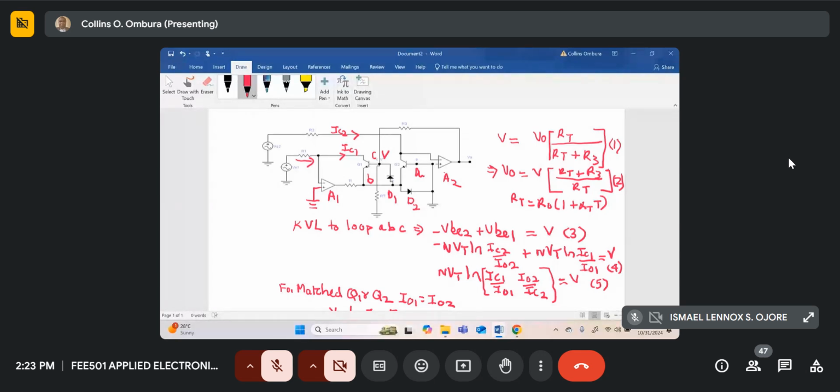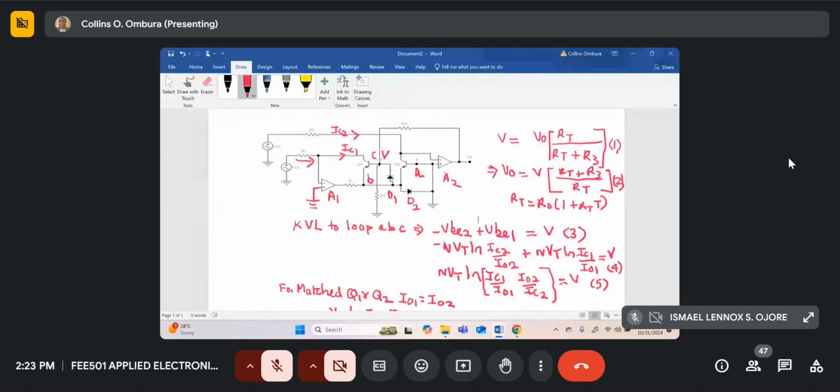And similarly, for the second transistor, if you look at the input of amplifier A2, the positive side is grounded, and therefore the negative input of A2 is also virtual earth. So it's like the collector of Q2 is also virtual earth, and therefore the current IC2 is the current that flows through the resistor R2, which is just VS2 divided by R2.